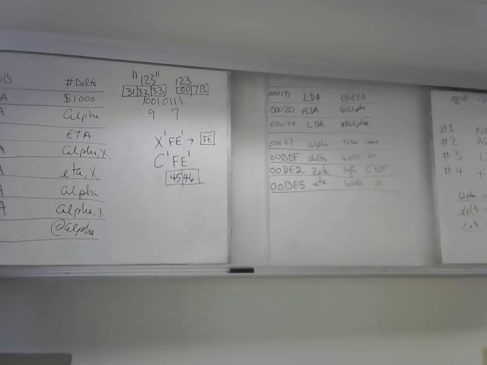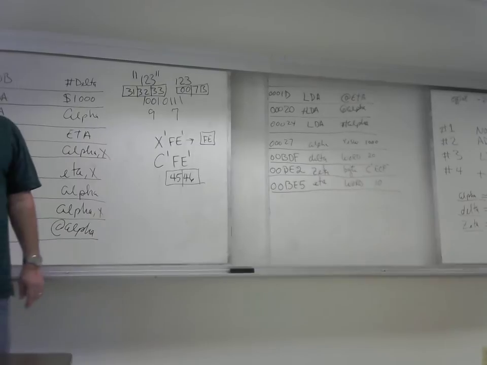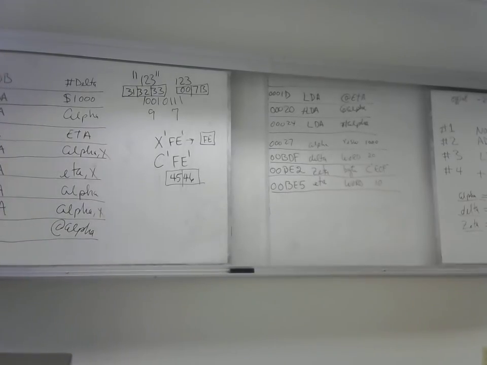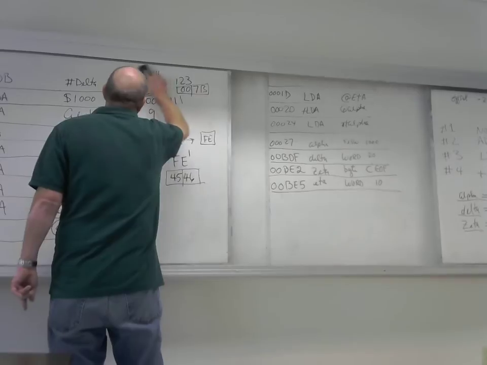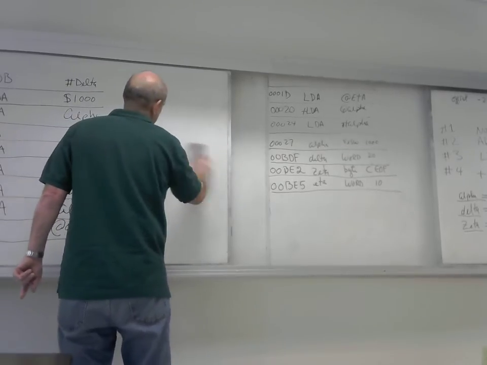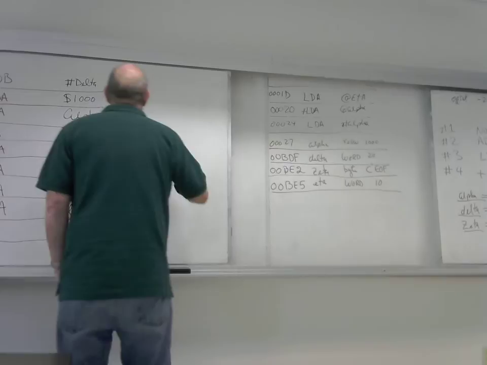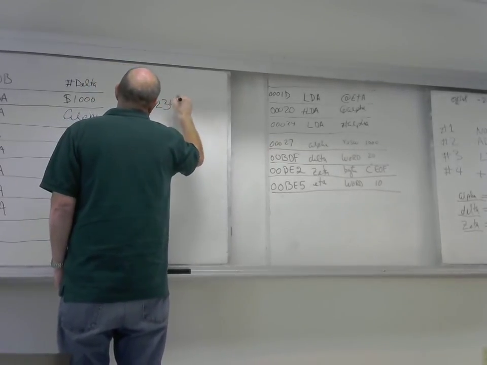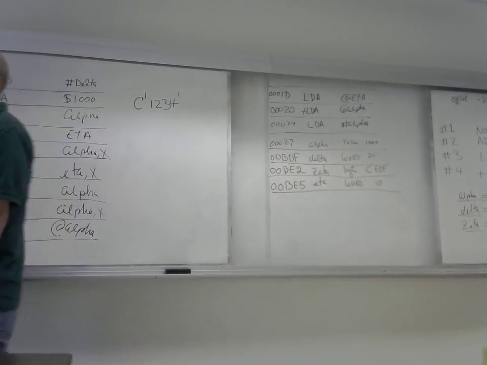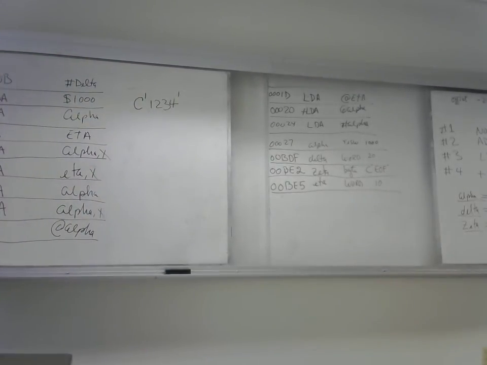Characters, it takes 1 byte for each character. Hexadecimal, integers, it takes 2 hex digits to make 1 byte. So, how many bytes? 4. It takes 4 bytes, there's 4 characters. Everybody good?